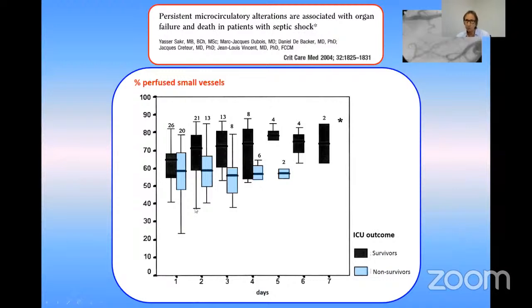And they looked at the evolution in survivors in black and non-survivors in blue. They found the proportion of perfused small vessels, which was identical on day 1, improved in survivors, but did not improve in non-survivors.